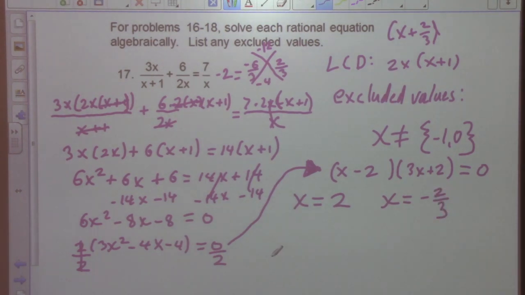Now, today so far, all the solutions we found have been integer solutions, right? But in this case, it's not. So that's one thing you got to watch out for. Are any of these excluded values?